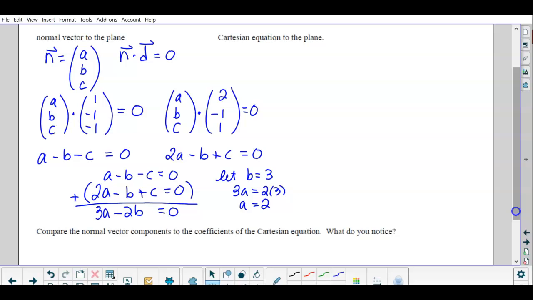And then substitute them back in to get C. So 2 minus 3 is negative 1. So C is negative 1. So therefore, the normal vector is, or a normal vector is 2, 3, negative 1, or any multiple.